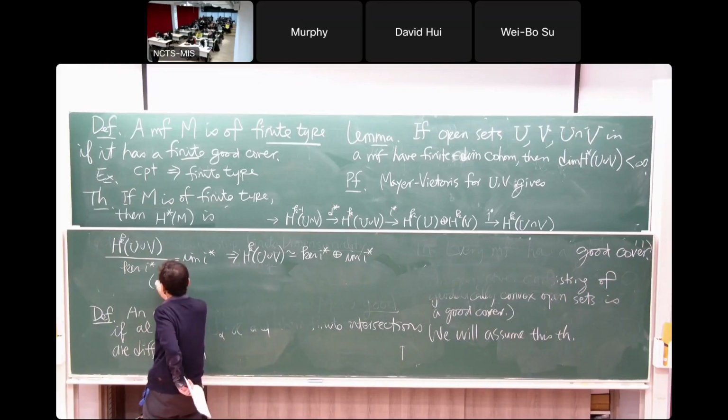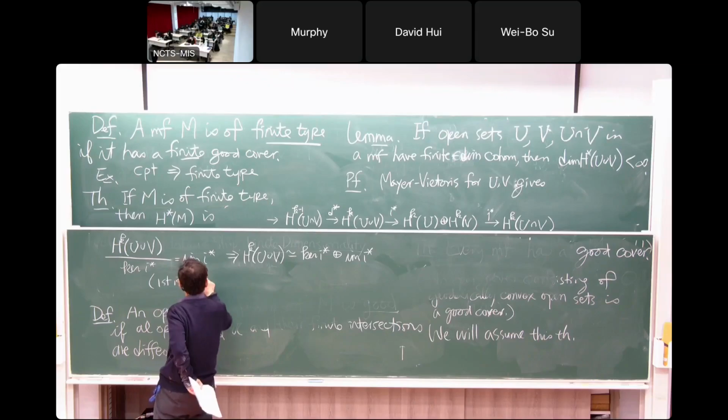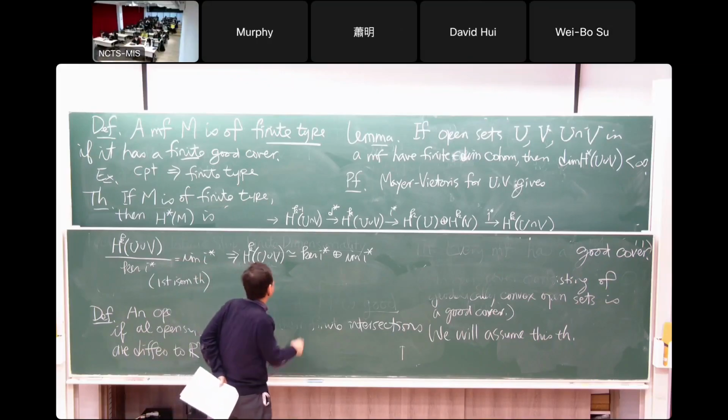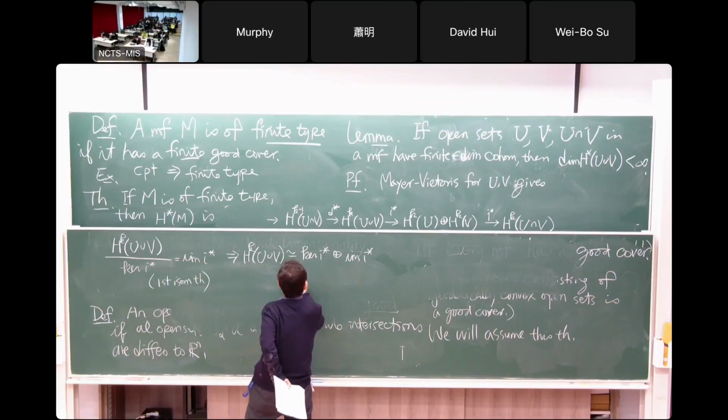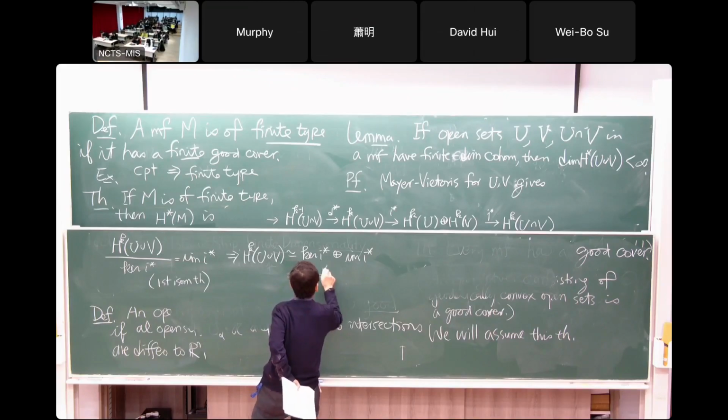Over here, that's the first isomorphism theorem, and the kernel of i star is the image of d star.